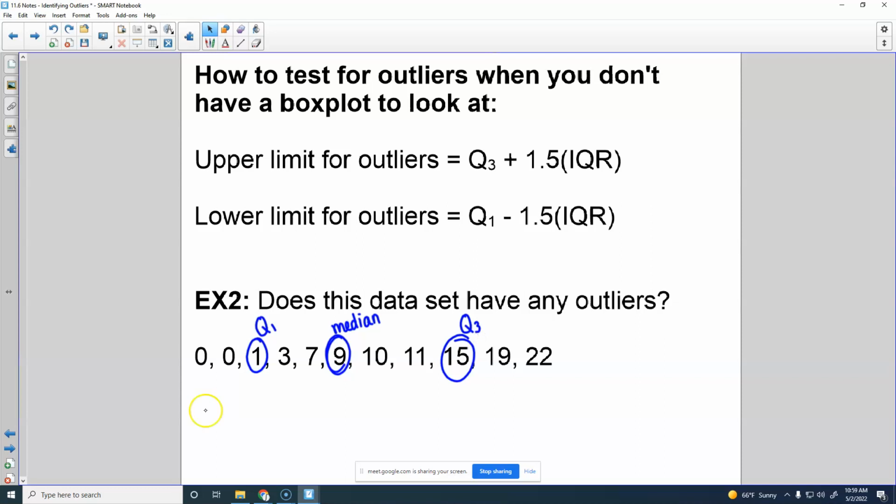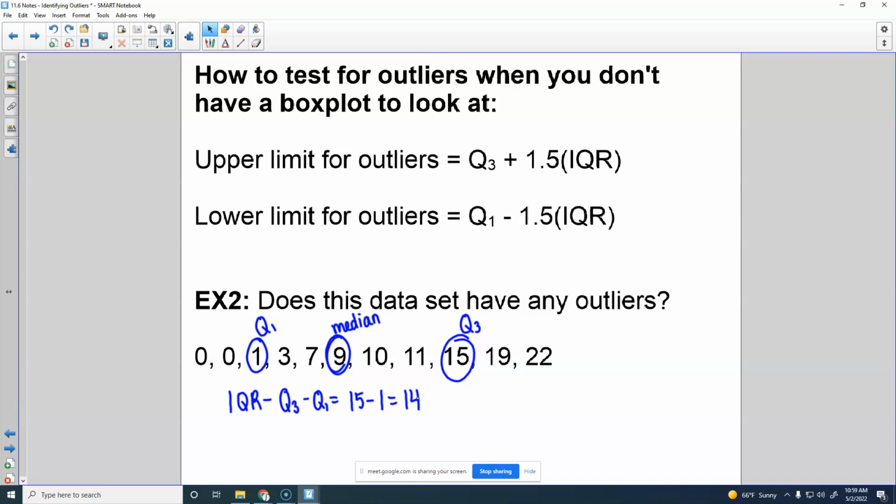All right, so for our interquartile range, the IQR, we just do Q3 minus Q1, which third quartile for this is 15. First quartile is 1, so that gives us an interquartile range of 14. Okay, that's the length of our box.